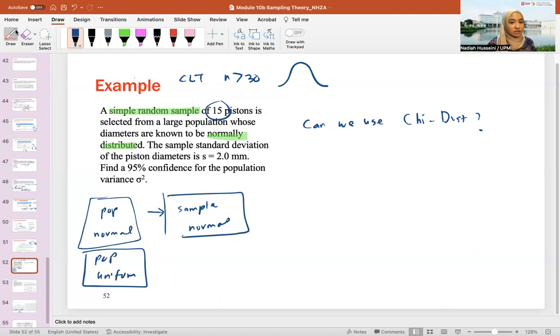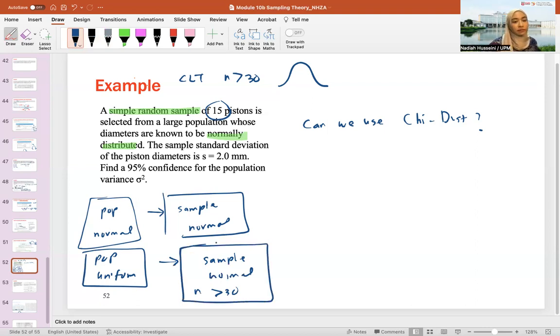As long as your N is greater than 30, you would get a normal distribution for your sample. So that was the beauty of the central limit theorem. Sample is normal if N is greater than 30. And this is how we approximate a lot of stuff in our daily life. If not in your daily life, then in a lot of manufacturing companies. Okay? So population normal, therefore your sample is also normal. If your population is not normal, the sample will only be normal if it follows the central limit theorem.